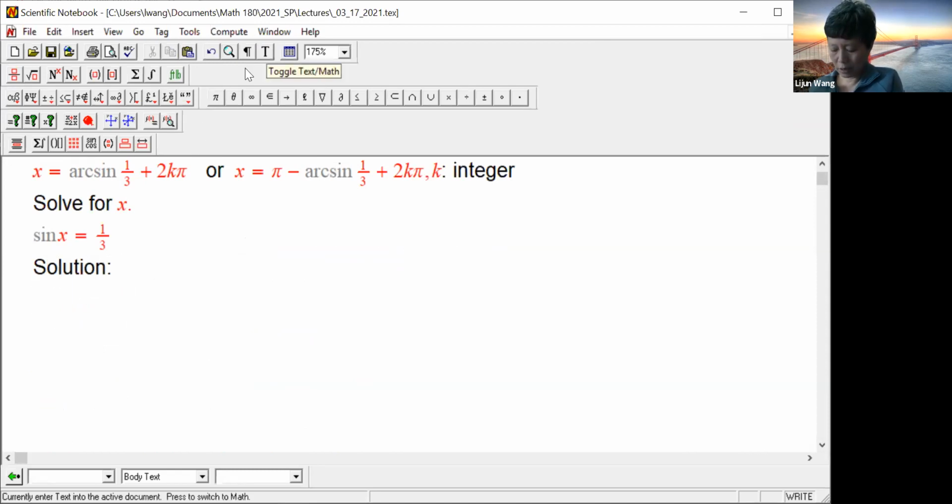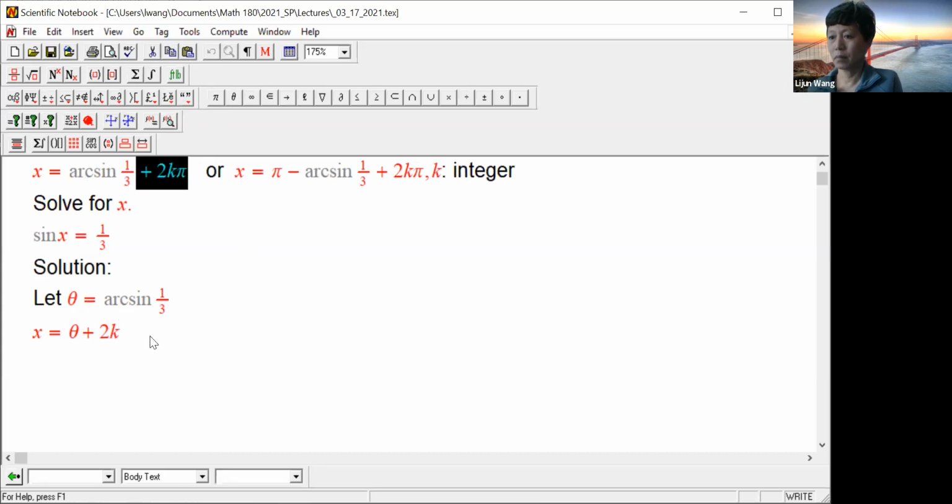And I would say let theta equal arc sine 1/3. Then x equals theta plus 2k pi. Sometimes people like to write it this way.